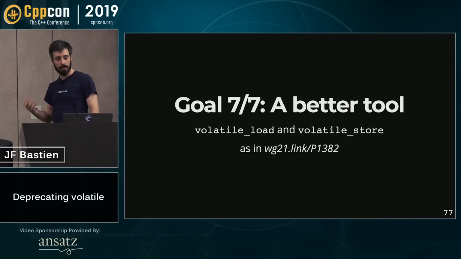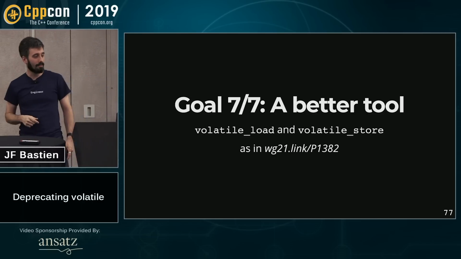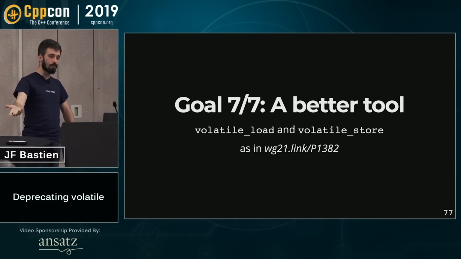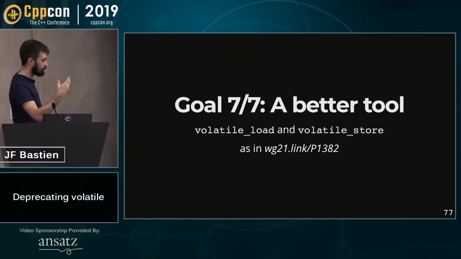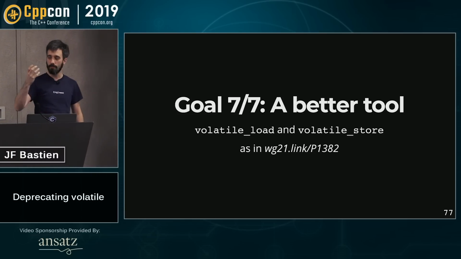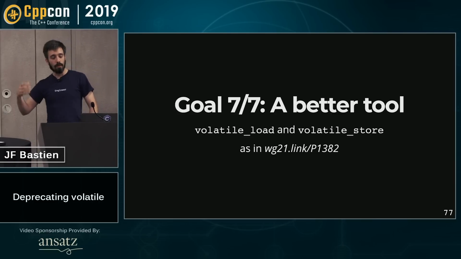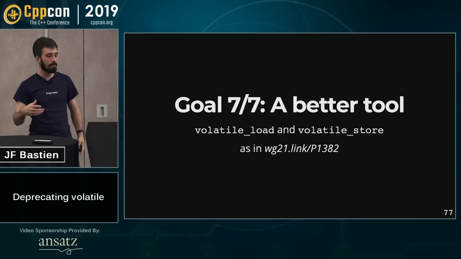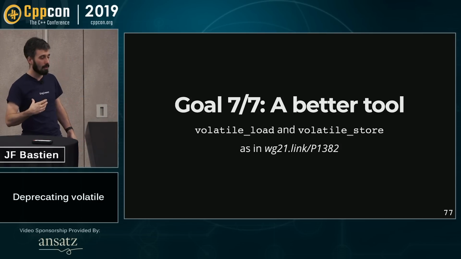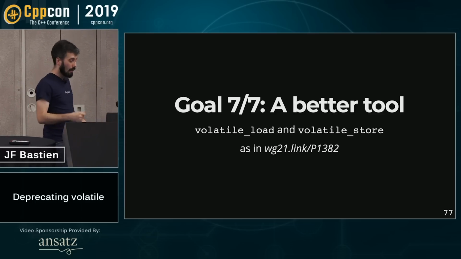So we have a paper, 1382, me and Paul McKinney over there, with volatile load and volatile store. So what we're thinking of doing is, instead of expressing volatility as a property of the type, right? You can qualify things as volatile. We want to express it as a property of the instruction stream. And that makes, in our minds, a lot more sense. Now, that's what LLVM IR does, right?